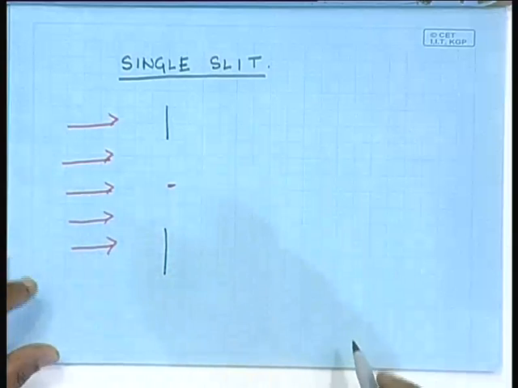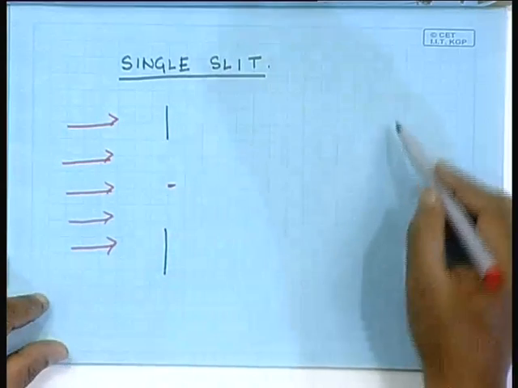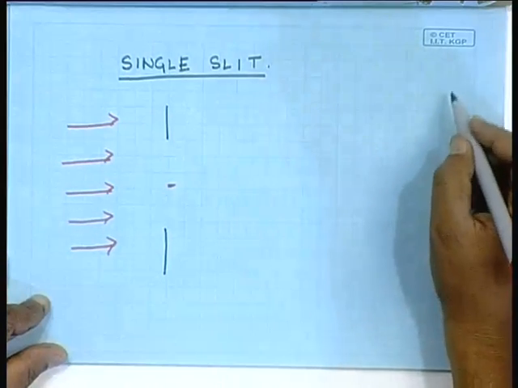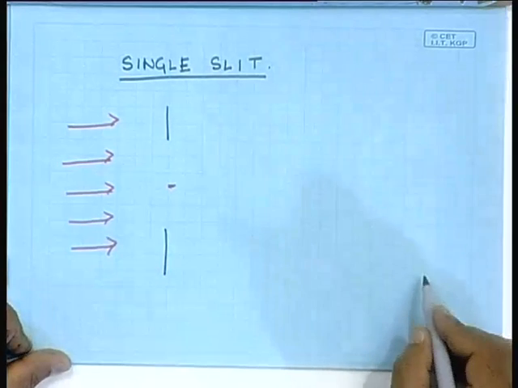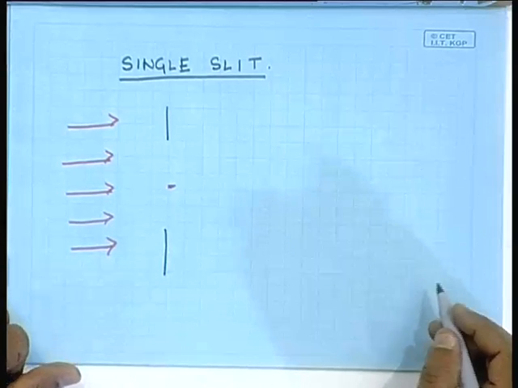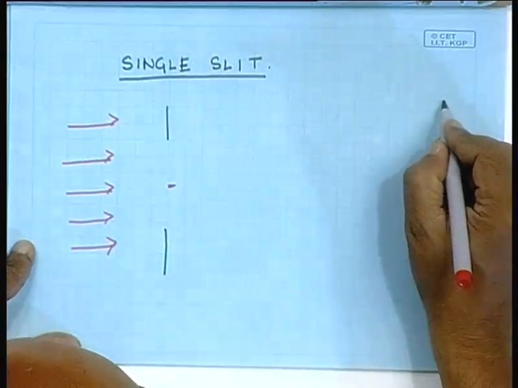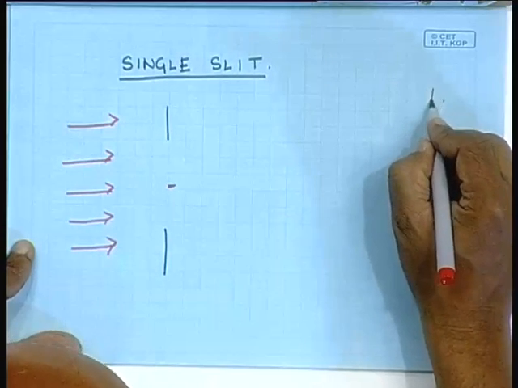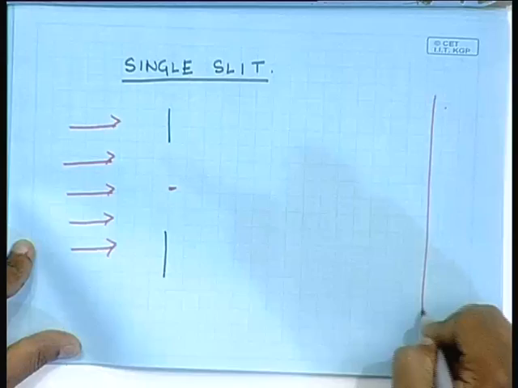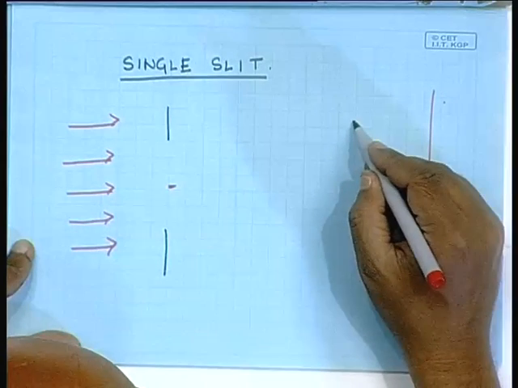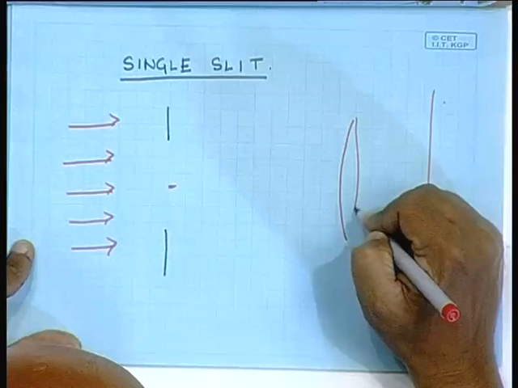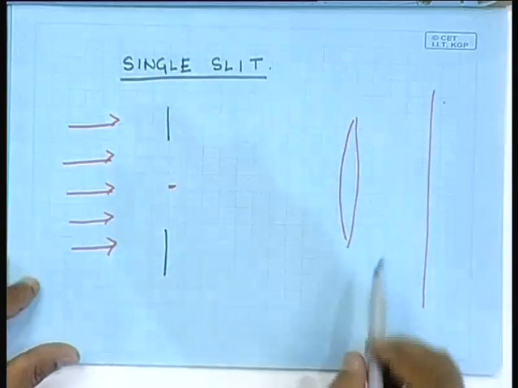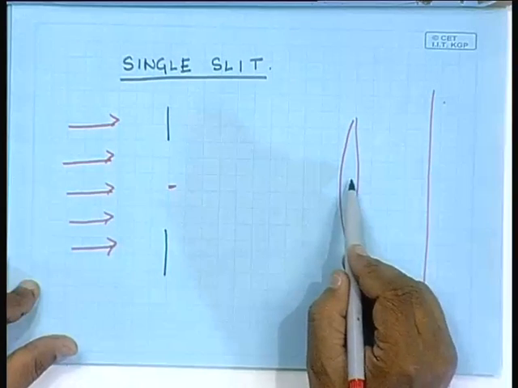And we are interested in the intensity pattern on a screen which is placed far away, or alternatively we could place a screen over here, put a lens over here, the screen is at the focal length of this lens.